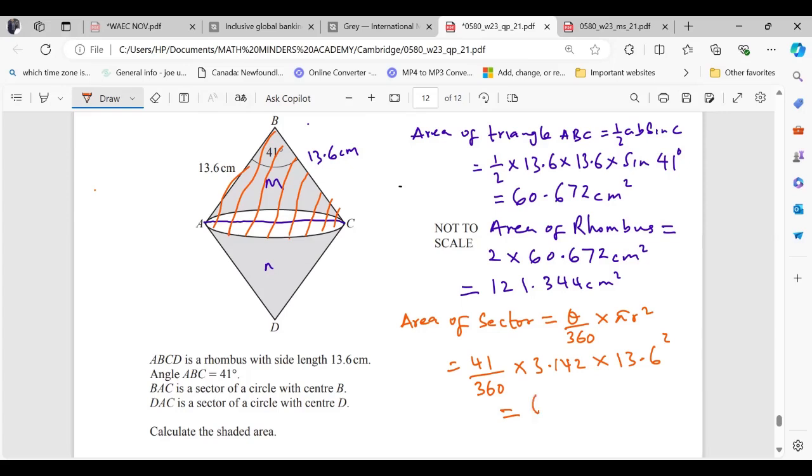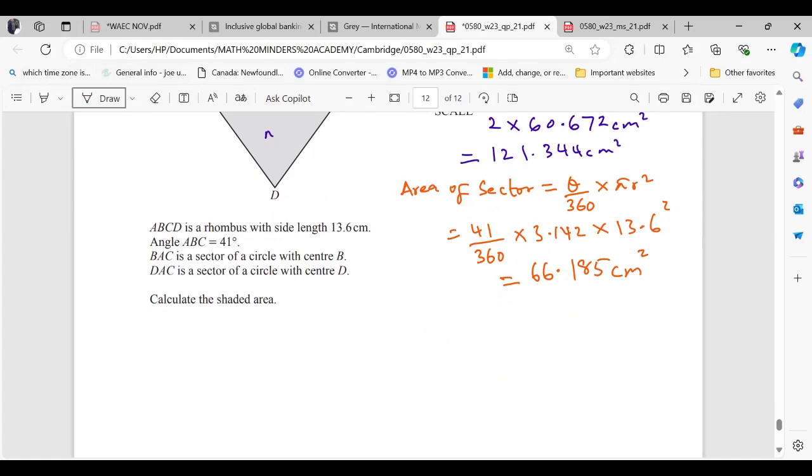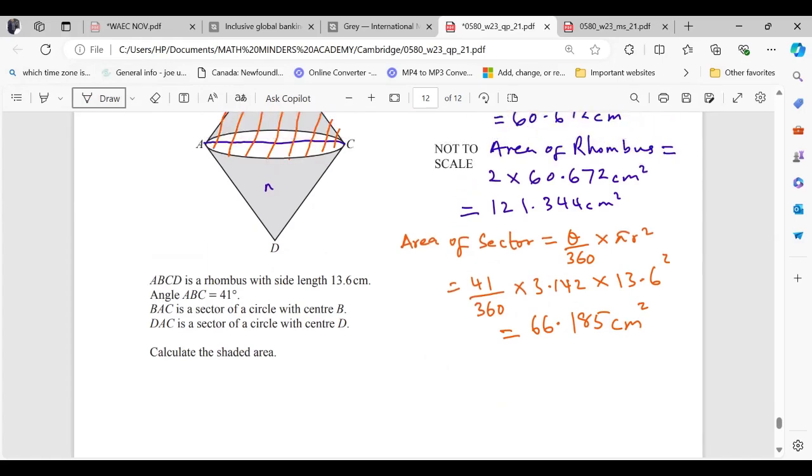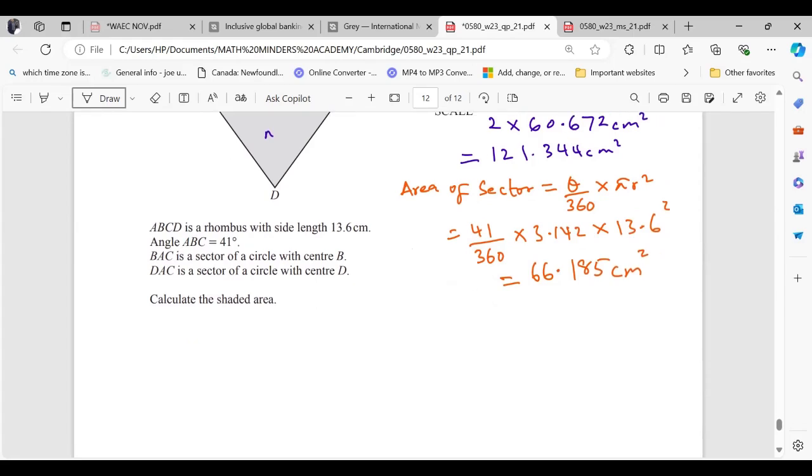That is 66.185 square centimeters. That's the area of the sector. So the part marked N, if I subtract the area of the sector from the area of the rhombus, gives me that part marked N.